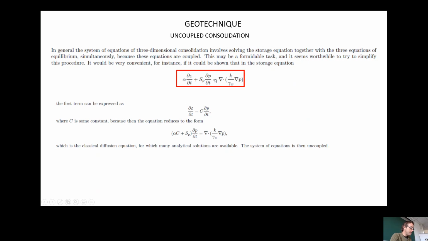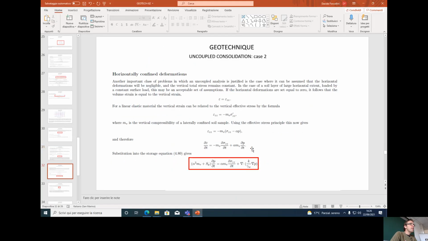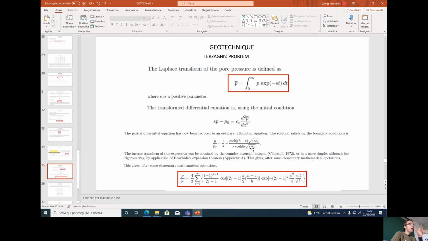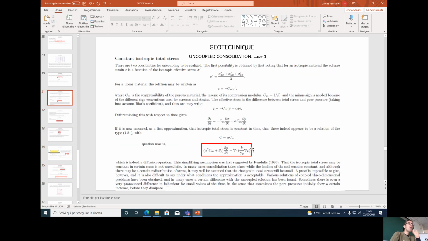But of course, the system of equations is a little bit simpler if it is uncoupled. So I would like you now to see case 1 and case 2 before going to the Terzaghi problem, and I will show you a very nice problem.